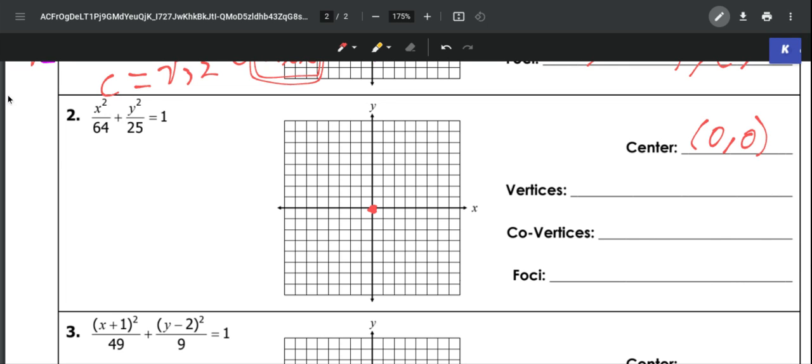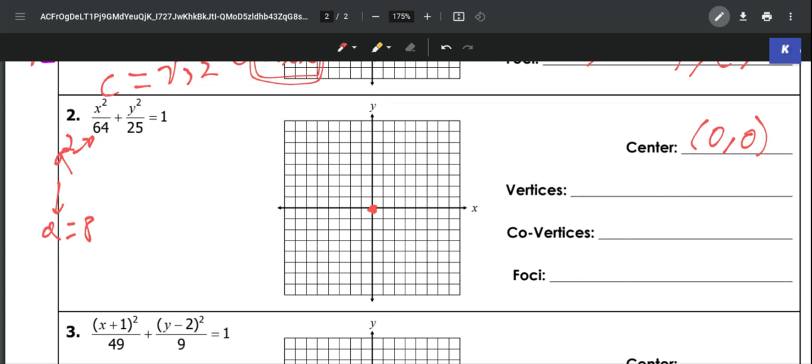Now my vertices will come from the larger denominator. So this here is going to be a because it's larger. It's actually a squared. So my vertices are going to be plus or minus a units from the center. So if 64 is a squared, that means that a is just going to be 8.